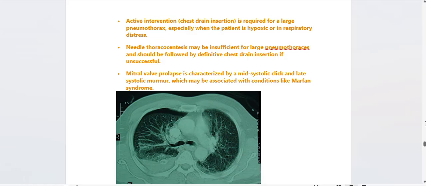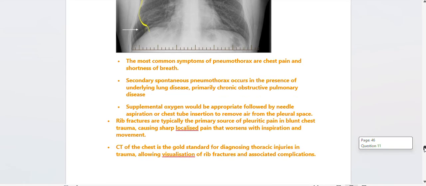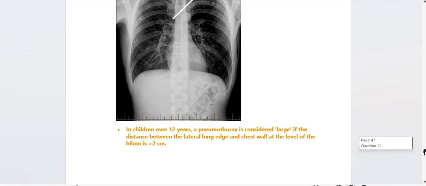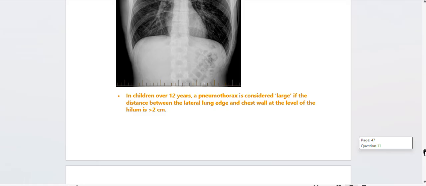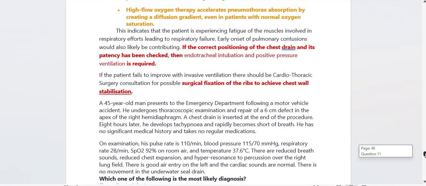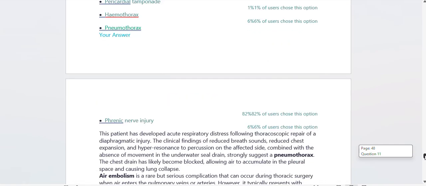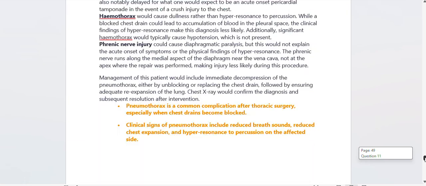If the patient is not stable, then we have to intervene. Pneumothorax. So these are the emergency questions, but we already discussed every single question.